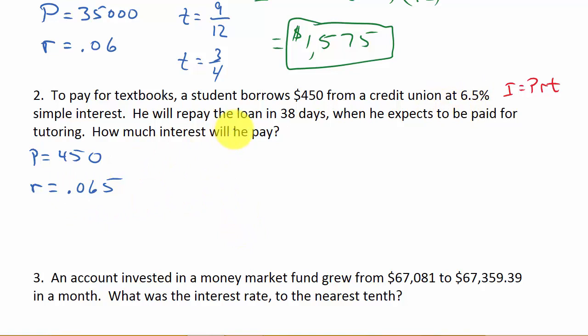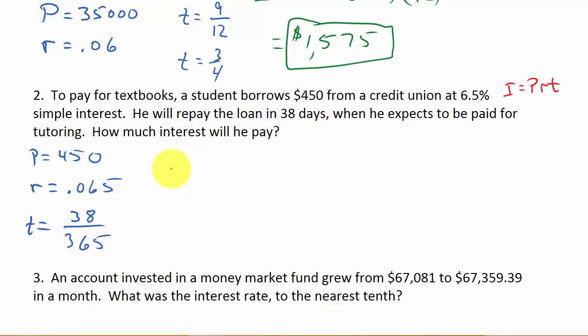And then the loan is 38 days. So T, remember, the 38 days has to be expressed in years, because T is in years. So it's 38 days, and how many days are in a year? Well, we use 365 unless we're told otherwise.